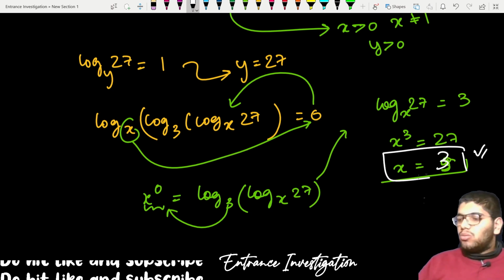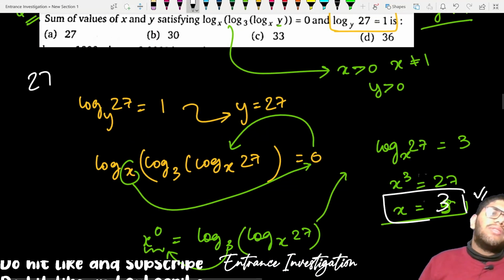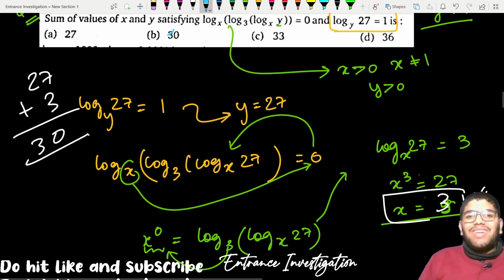Just don't lose interest. Okay, so what is the sum of these two? Wow, this was a very simple problem.